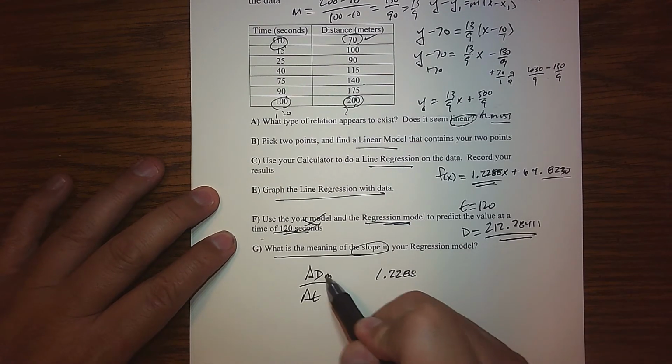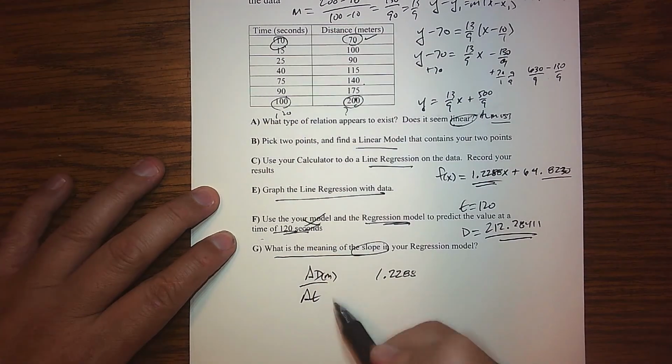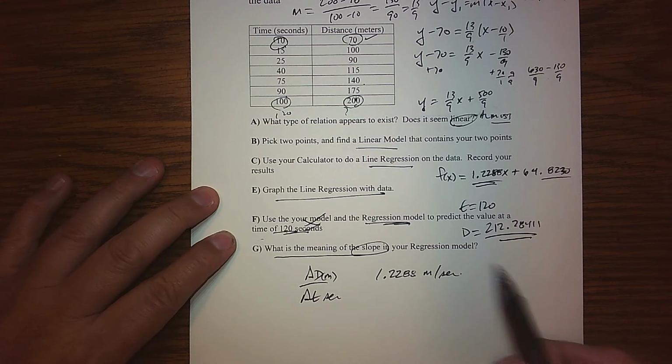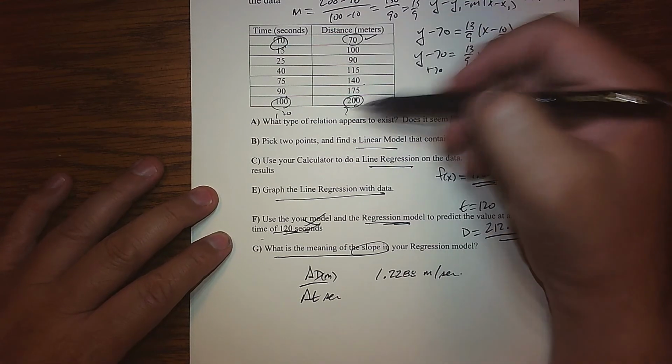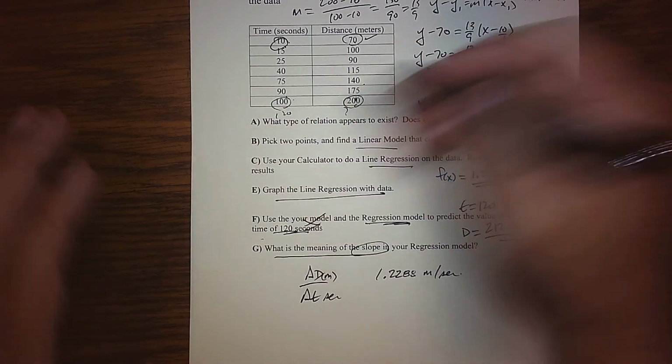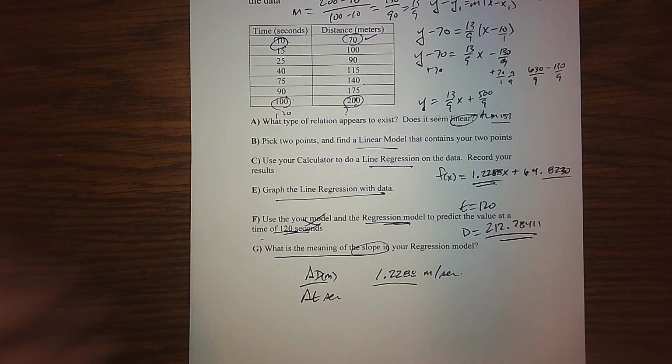The distance is measured in meters, and the time is measured in seconds, so this is meters per second. This is telling us that on average, over the interval from 10 to 100, this person is traveling at about 1.2288 meters per second. I guess that's maybe a very brisk walk, or even a very light jog.